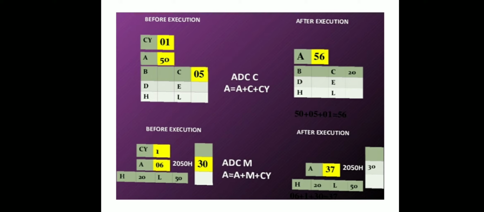For instruction ADC M, after execution of this instruction, the content of the accumulator, the content of the carry flag and the content of the memory location specified by the HL pair are added, and the result is stored in the accumulator.